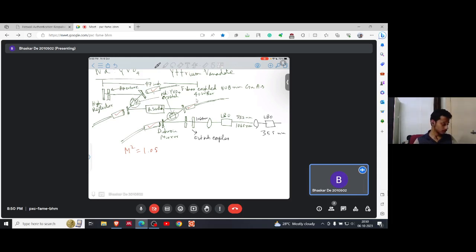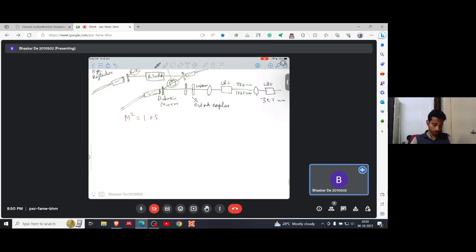So basically here we have two critically phase matched LBO crystals. LBO is lithium borate crystal, which is used for second harmonic generation. So when we use omega in the crystal, we'll have a 2 omega.